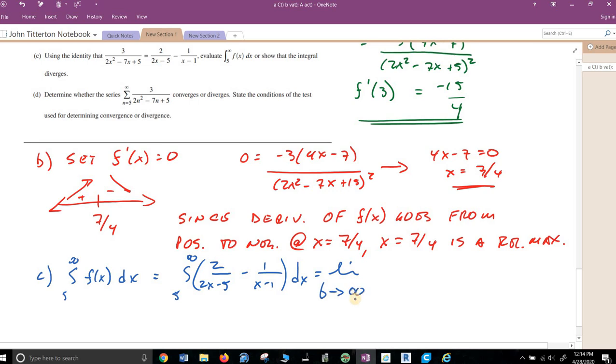I usually use a. Don't know why I use b this time. I don't want to write this again, but you should, so I will. 5 to b, 2 over 2x minus 5, 1 over x minus 1, dx.